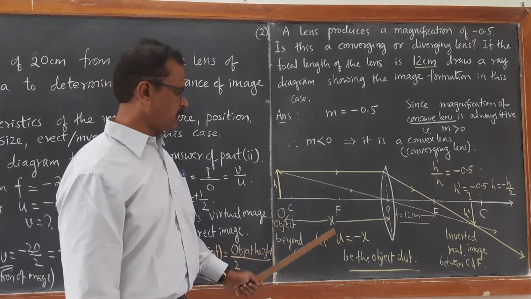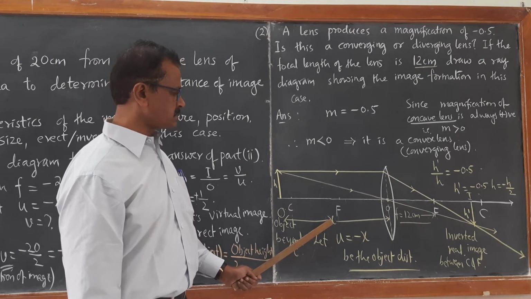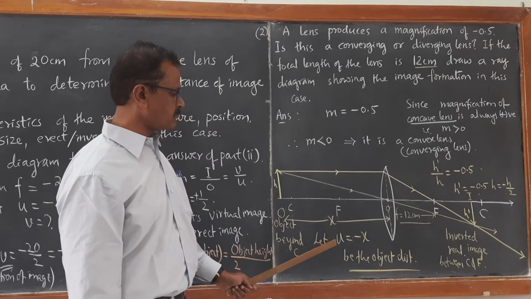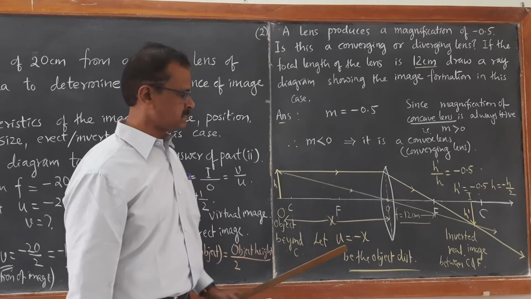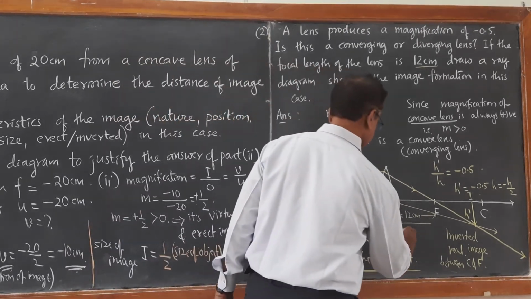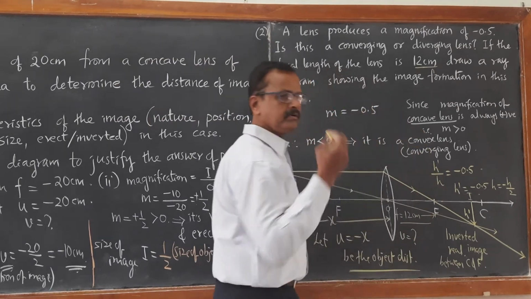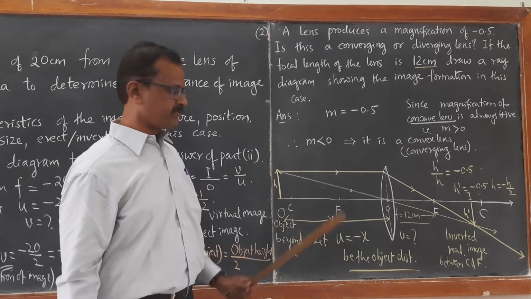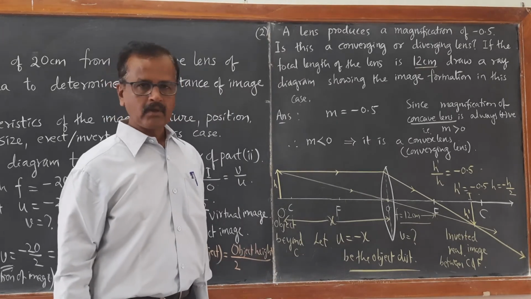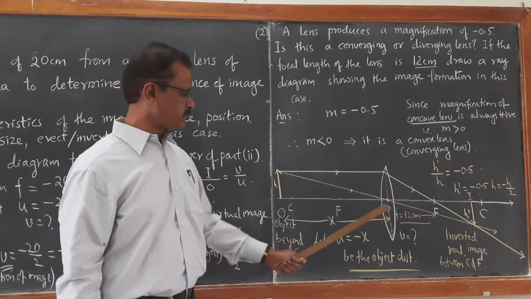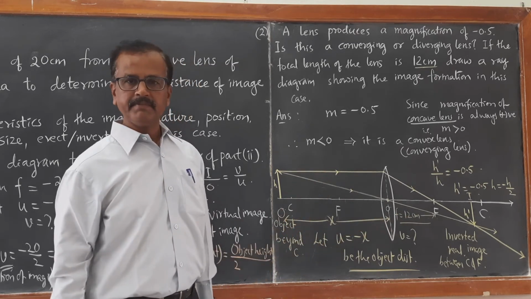So we have to assume let the unknown distance be x. Let us take it as object distance u is equal to minus x. Then we can find out what is v. But magnification is given, so we can find out what is v directly using magnification. Or even we can make use of the lens formula. Using lens formula, we can find out what is the image distance.